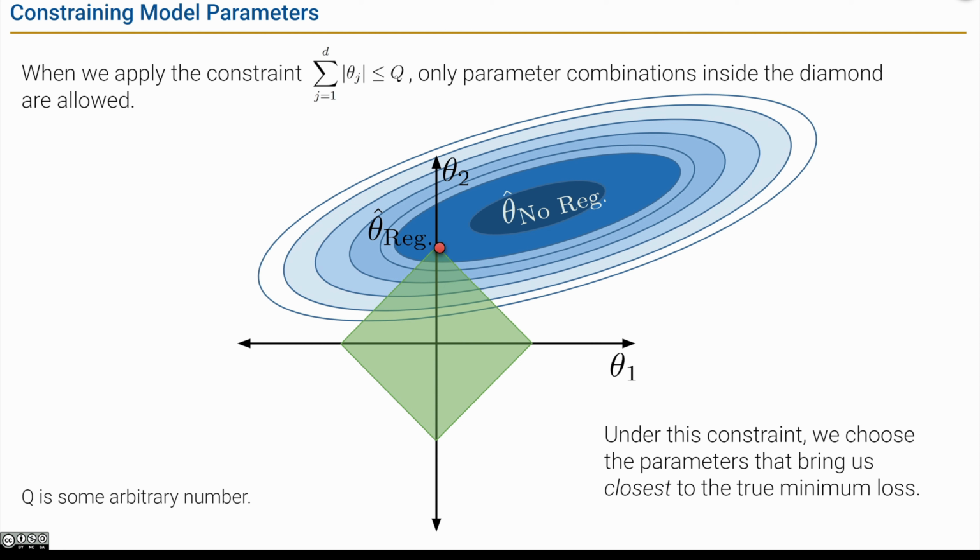And in that case, under this constraint, the parameter that's going to bring us lowest in the valley, again, imagine that you're looking down, there's a valley, it's going down to the lowest point right here, but you're only allowed to walk on it in this region. So if you want to get to the lowest you can in this region, it ends up being right here, because the darker the blue, the lower the surface. So under this constraint, here are the values of theta that I'm going to use.